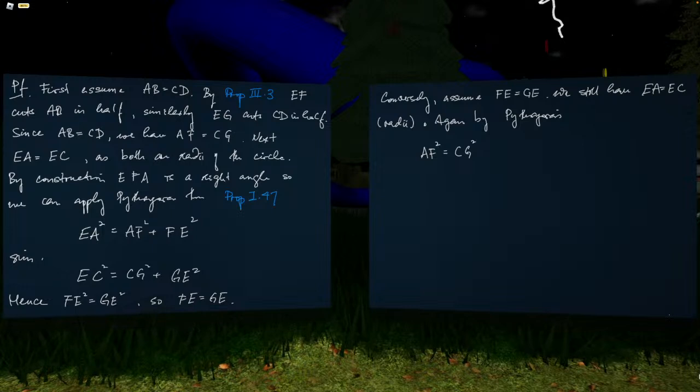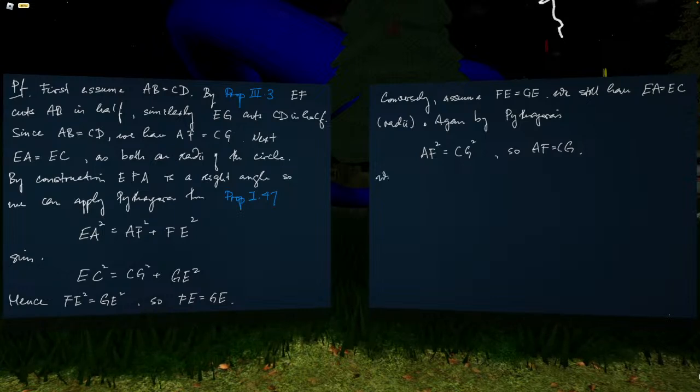And again, by the same reasoning as before, AF is equal to CG. I keep writing G when I meant CG. And so the only last step that we need is that AF and CG are just half of the lines that we're talking about.